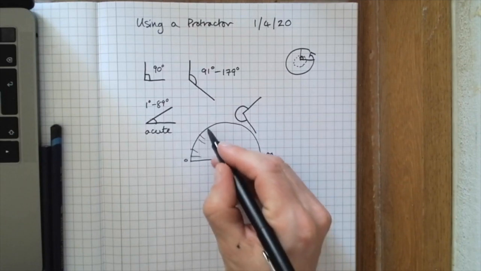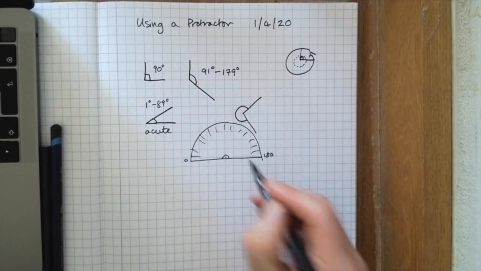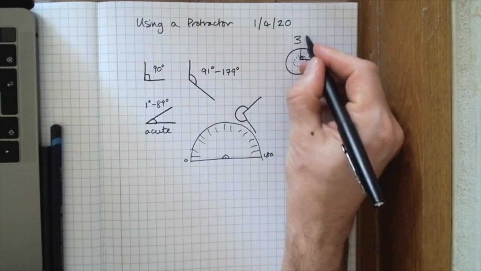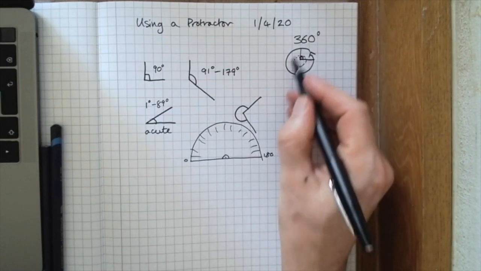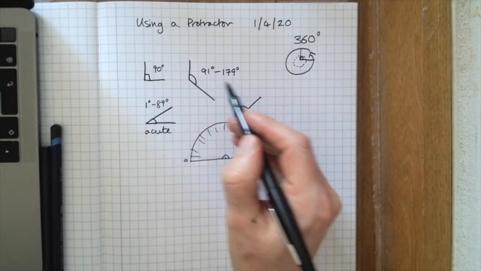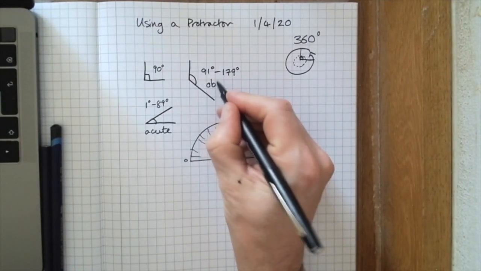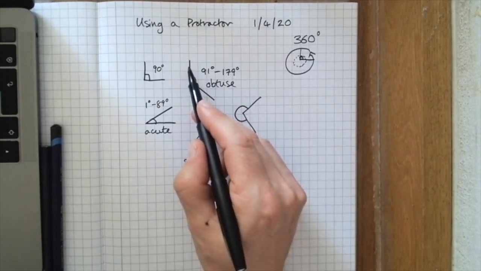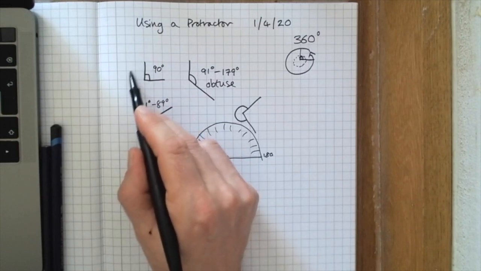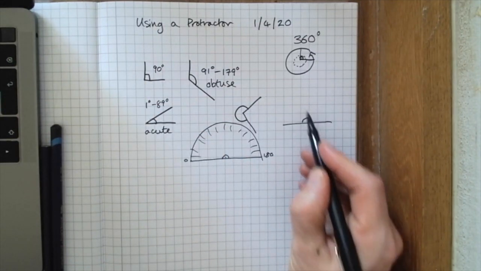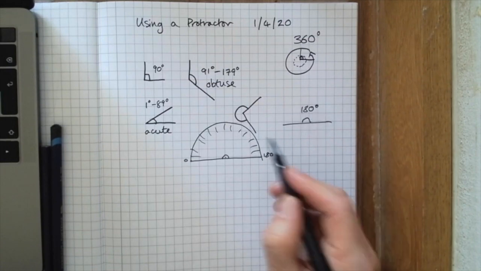That's because it measures 180 degrees, which is half the circle. If we remember, a circle all the way around is 360 degrees. So this angle, 91 to 179, is obtuse. It's anything from a right angle all the way up to what would be a straight line, and a straight line would be 180 degrees.